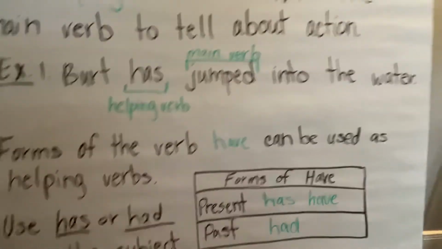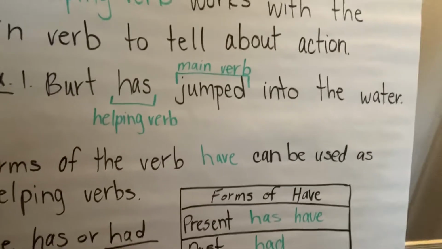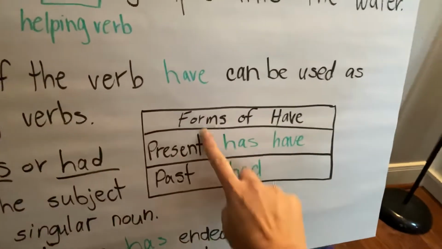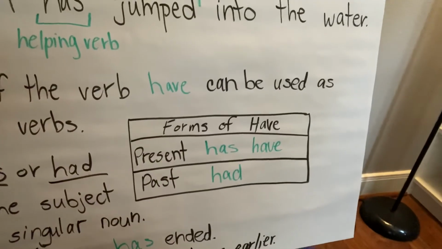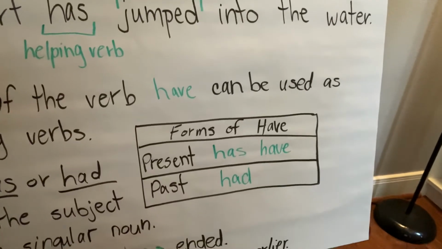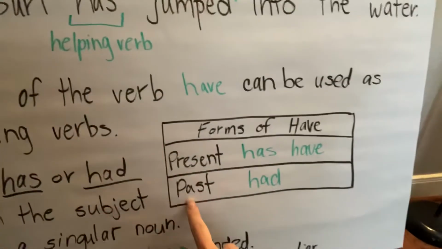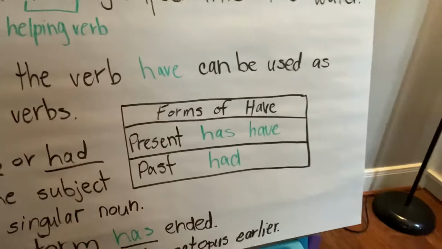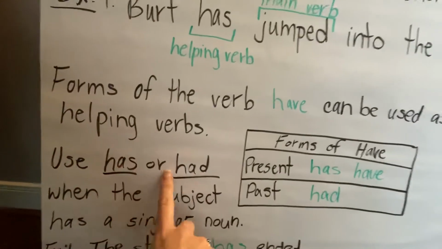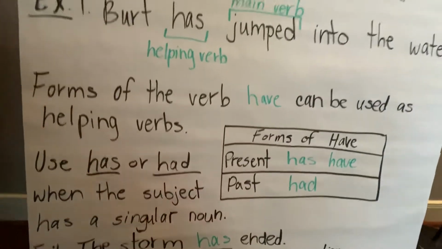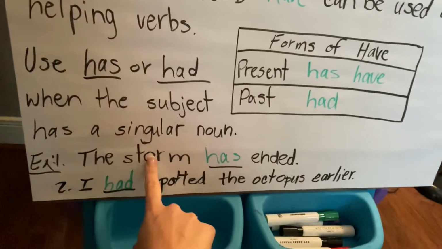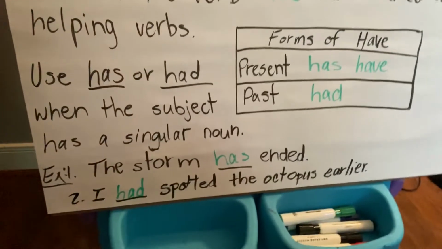So some forms of the verb have can be used as helping verbs. So this is a little chart right here, okay? So if it's a present verb, which means now, it's has or have. But if it's the past tense, then it's had, okay? So I want you guys to use has or had when the subject is a singular noun. So if I look at example 1, the storm has ended, okay?